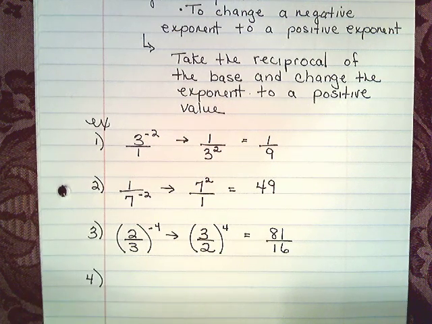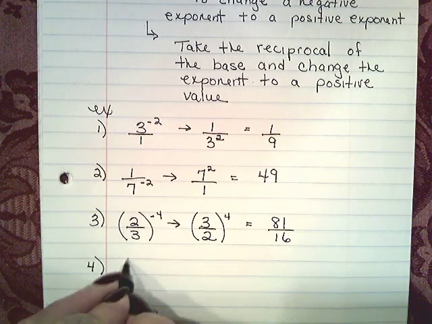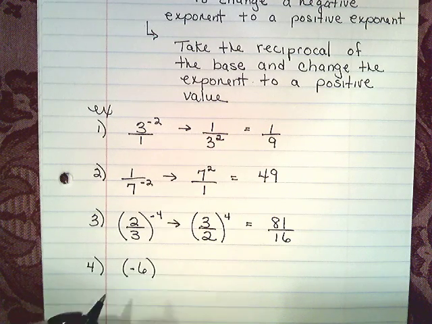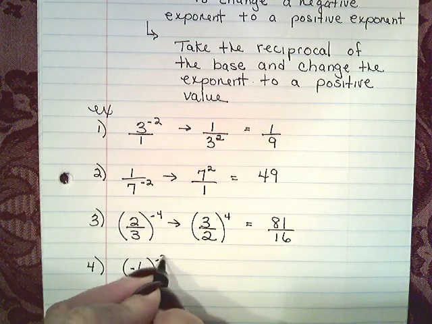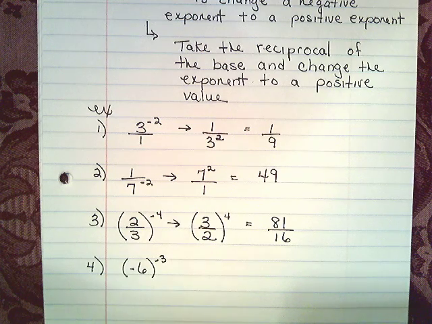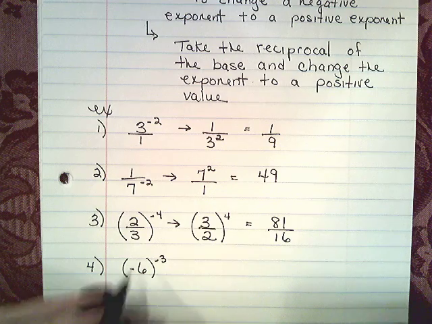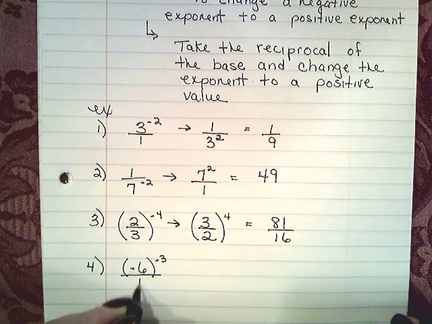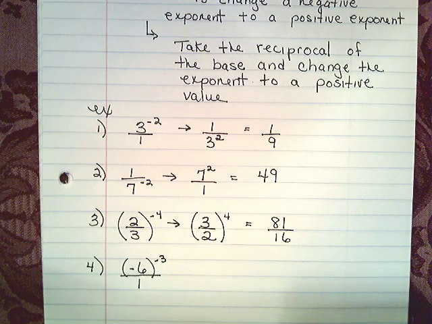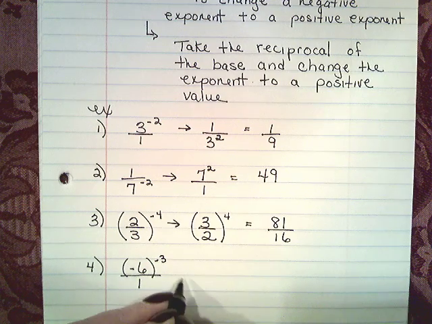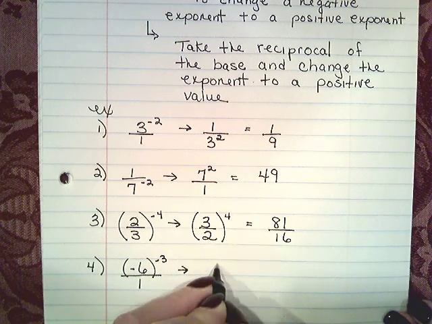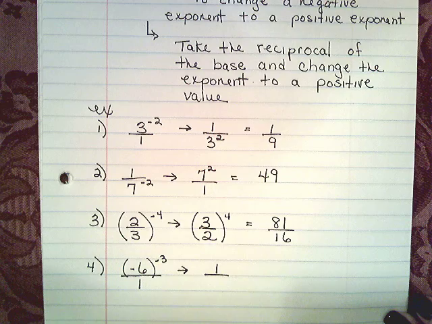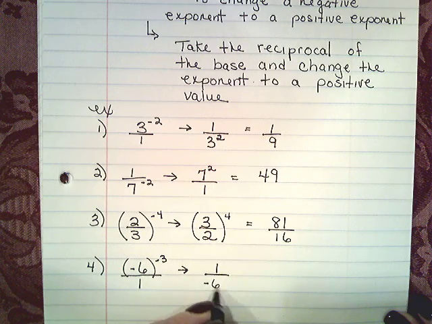Okay, now this last example for this is really important. If I have negative 6 raised to the negative 3rd power, well, I need to make it a fraction because I'm going to be flipping it to its reciprocal. So I'm going to put that over 1. So when I flip that, I have my 1 as the numerator and my negative 6 stays in parentheses.